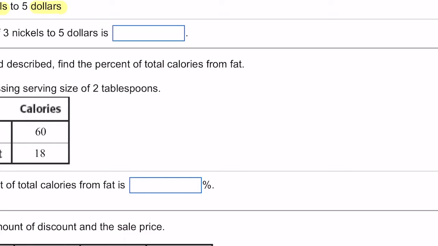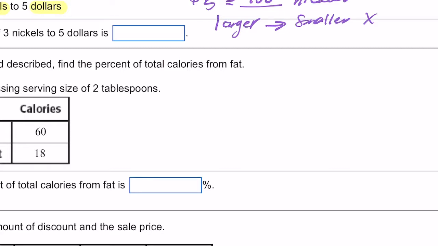Okay, so we want to change $5 to nickels. Dollars are larger than nickels, and anytime you go from a larger unit to a smaller one, you multiply. So I'm going to multiply 5 times 20, which gives me 100. So $5 is 100 nickels.